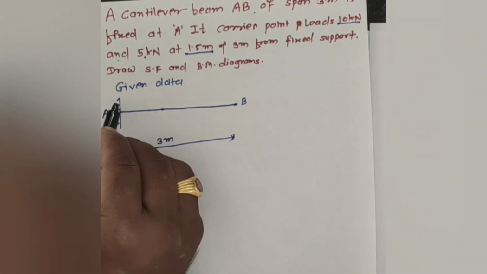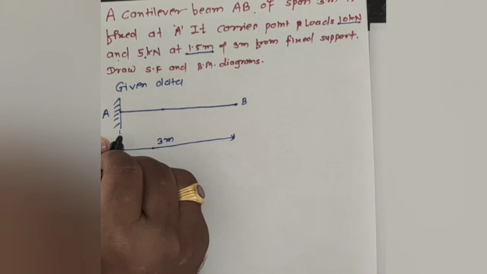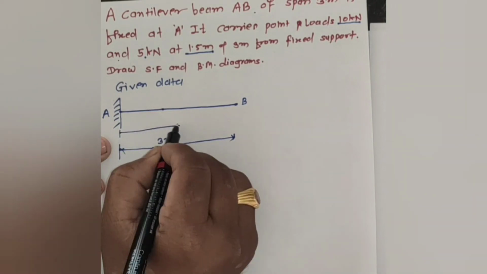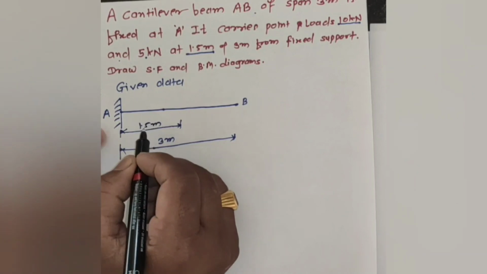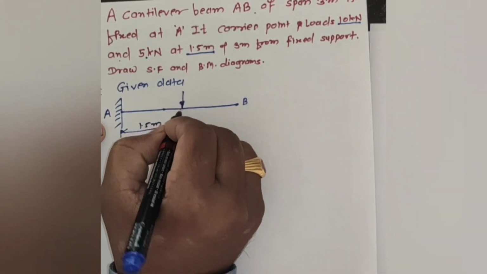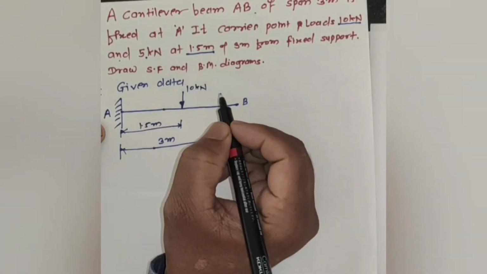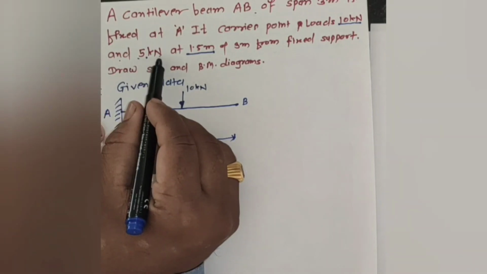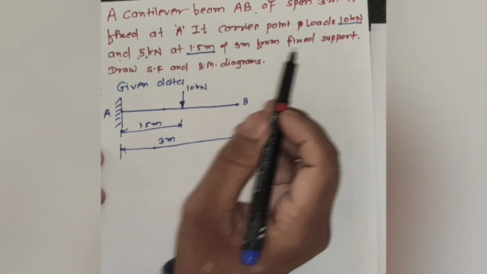This is your fixed end. From the fixed end 1.5 meter, this is the point load acting, having 10 kilonewton, and second, 5 kilonewton at 3 meter from the fixed end.